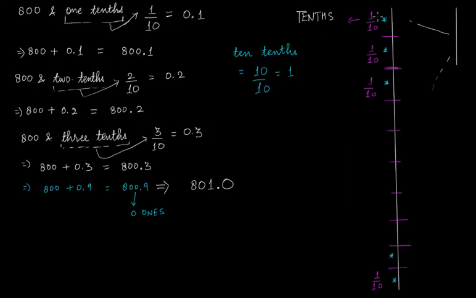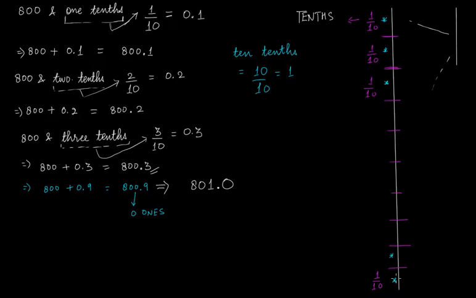When you took 1/10, it became 800.1. When you took 2 tenths, that is this one and this one, it became 800.2. When you took 1, 2 and 3 tenths, that is here, it became 800.3. You went to 4 tenths, then 5 tenths, then 6, then 7, then 8, then 9, it became 800.9.